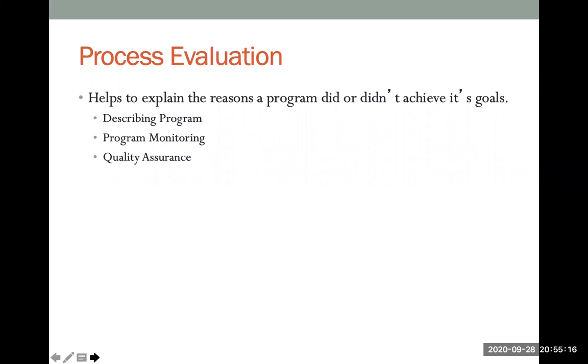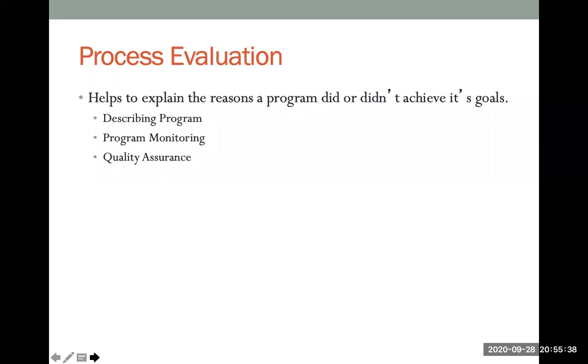When we begin to monitor the program, we're monitoring how the program is being implemented by examining the goals and the objectives of the program to determine if they are being implemented as intended. It can be used to check a program's progress in meeting certain objectives.